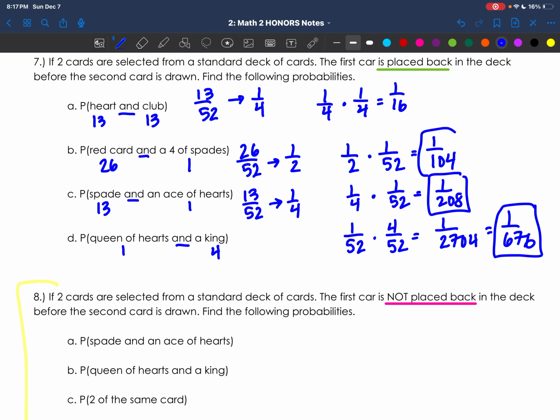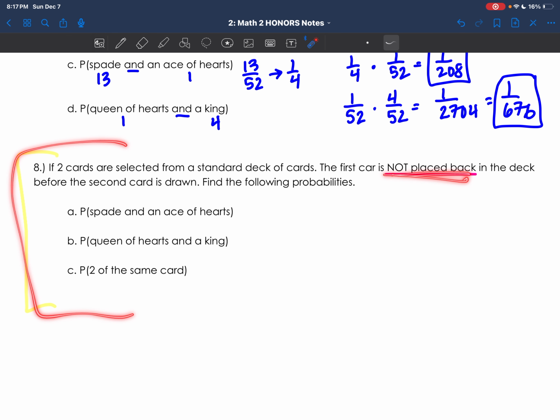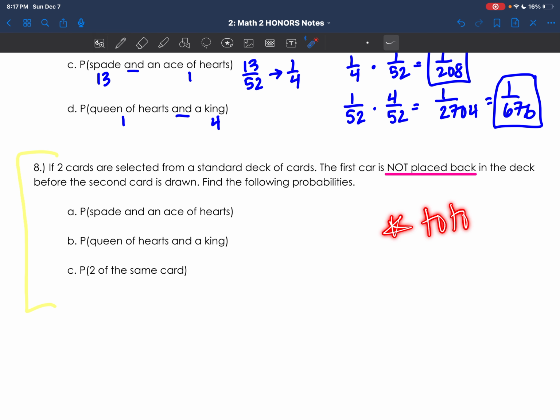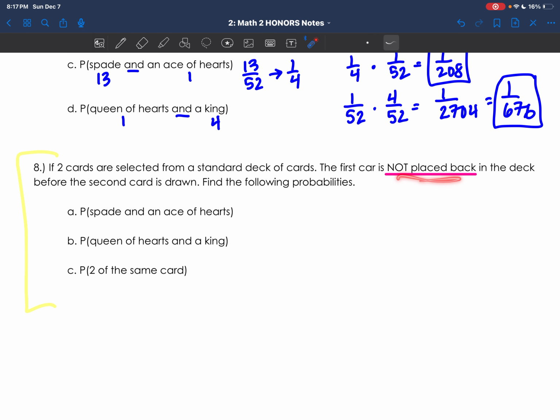So you're going to go through and do this next one, but the important part here is it's not replaced. So you're going to watch your totals. So just be careful because this one is dependent.